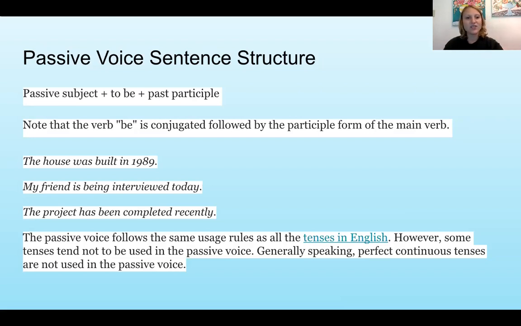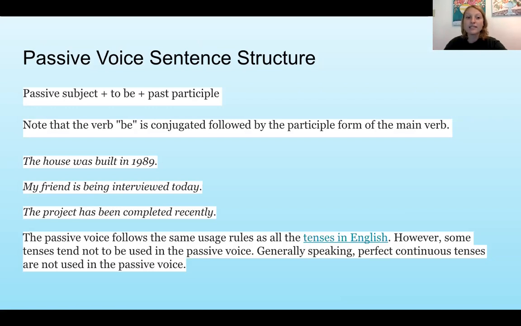All right. So let's take a gander at the first example. The house was built in 1989. The house is the passive subject because it's an object. Was is a be verb. And then the past participle, built. Okay? So you could also, in the next example, just have the to be verb as be, but it does have to correlate or go with the past participle that is used in the sentence.